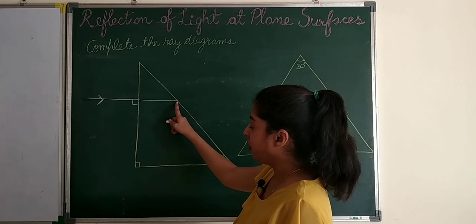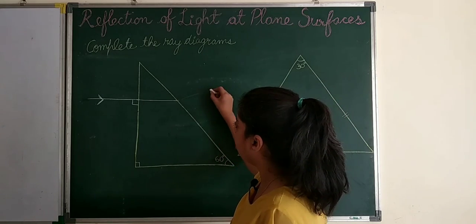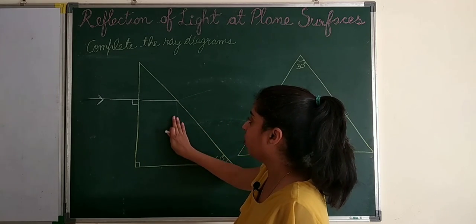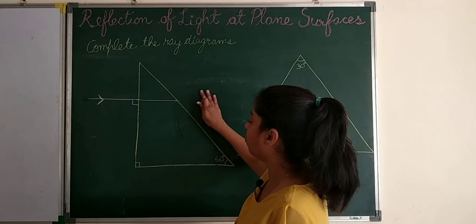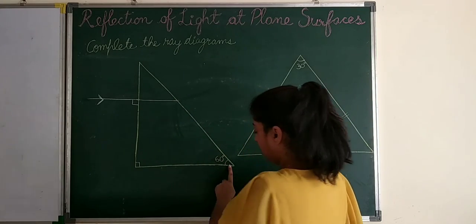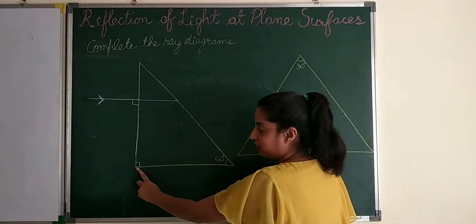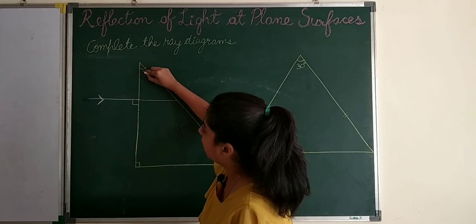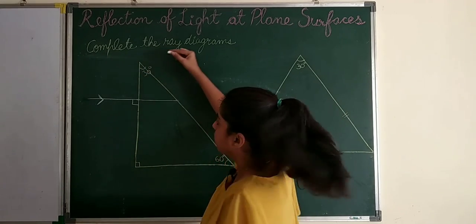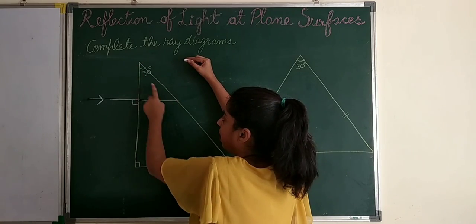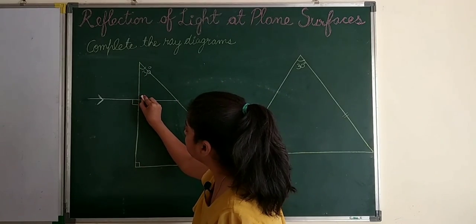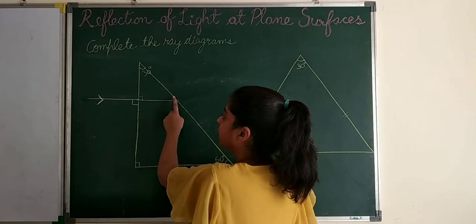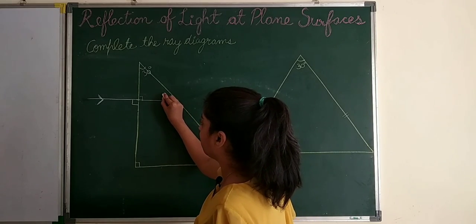Now here we have to decide whether it will go out or whether it will reflect inside. For solving this, we know this is 60 degree, this is 90 degree. So this angle will be 30 degree. Correct? So in this triangle, if this is 30, this one is 90, then this one will be 60.